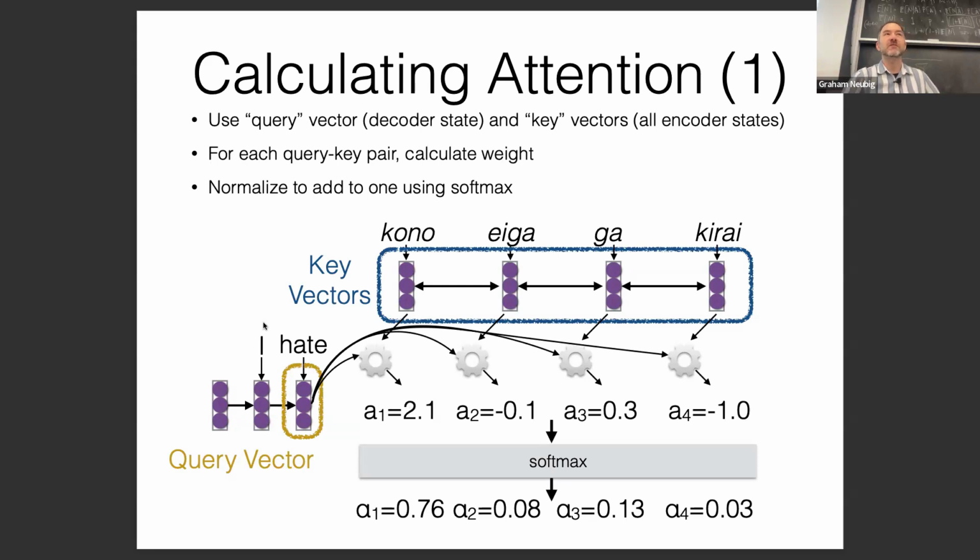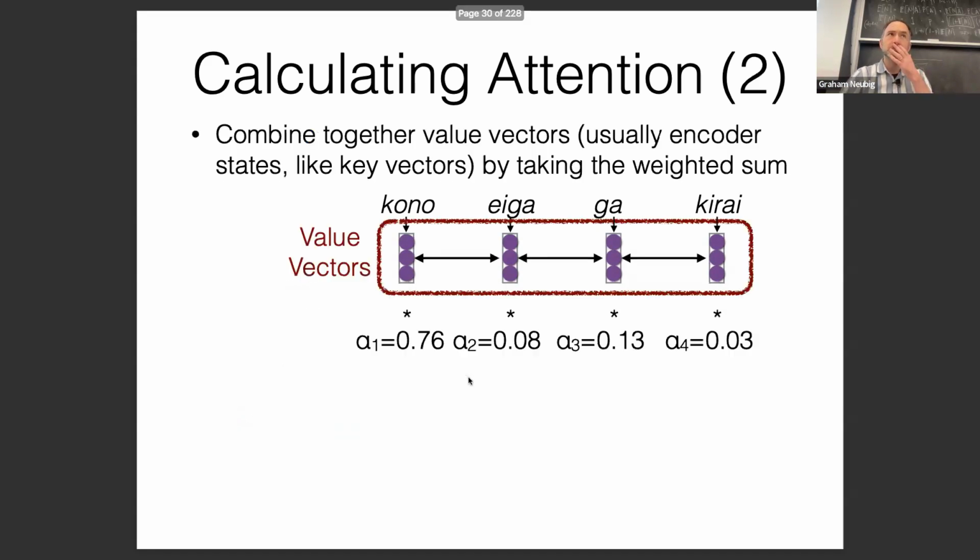If we use the same function every time and it's not sequence length dependent, this will scale to arbitrary length sequences. But if we use something that requires one query vector and 7 key vectors, or one query vector and 4 key vectors, that would work for this sequence, but it wouldn't work for any other sequence length. So we need to make sure that the attention function takes in a query vector and a key vector.